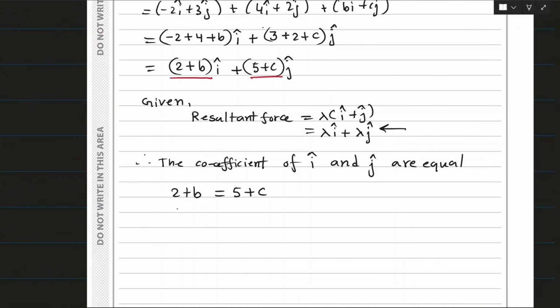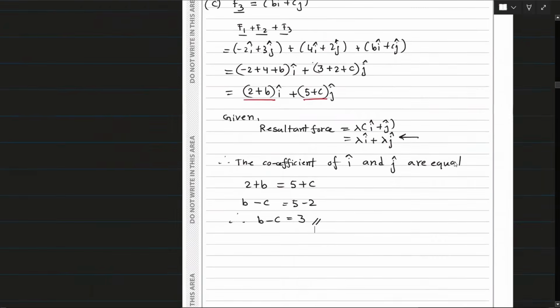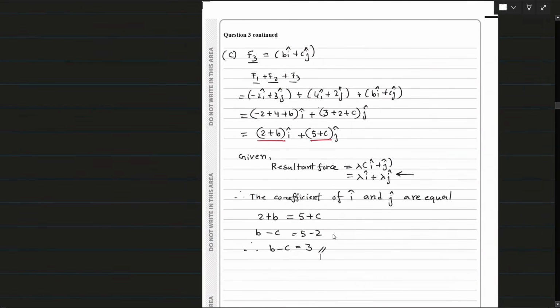From this, we can bring c to the left side, and this gives us b minus c, and we can take 2 to the right side, and this gives us 5 minus 2. So from this, we can simplify, and we get b minus c is equal to 3. And this was our question. Our question was that we have to show b minus c is equal to 3, and we have shown that b minus c is equal to 3. So this is our answer to our part C.